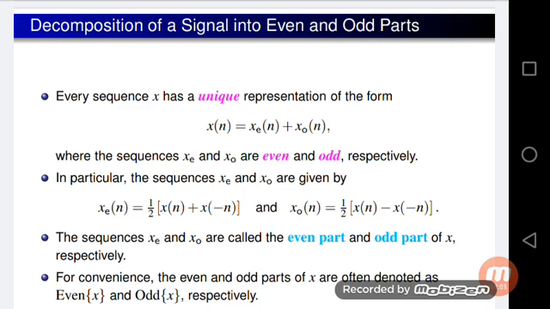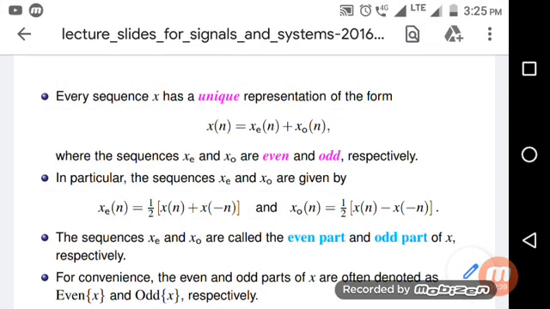E means even, O means odd. So the unique representation form is x of n equal to even function plus odd function. That's why we are writing this.